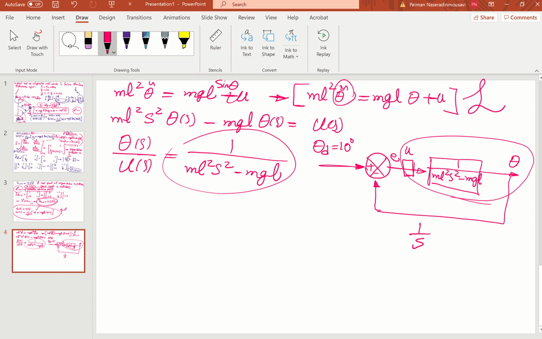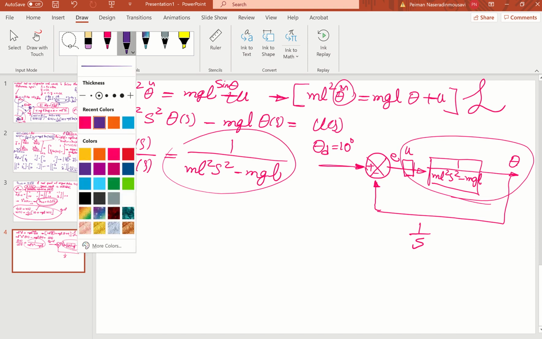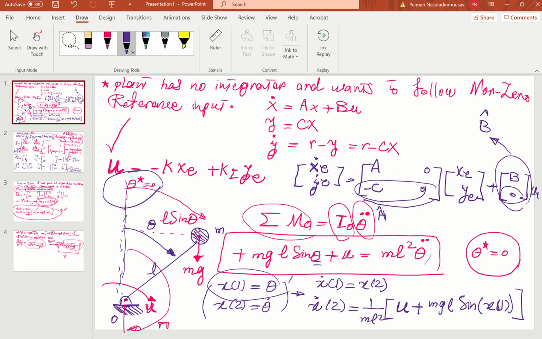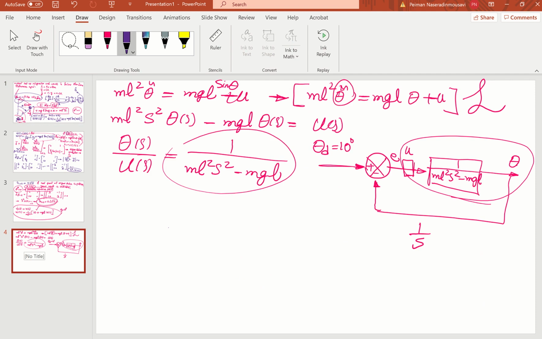So for your problem in the state feedback control law, you have to use this formula. Understand? So where you have to use this formula. But what is that here?